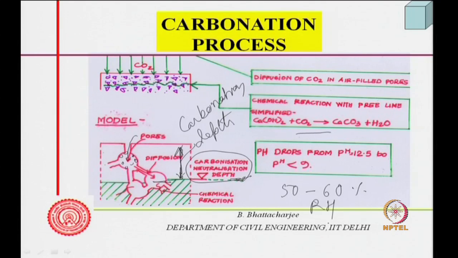At 100% RH it reduces, and if it is fully moist, actually no carbonation will occur. For carbonation to proceed, I need both carbon dioxide, that is present in air, about 3% or so depending upon the situation, and of course, the moisture.